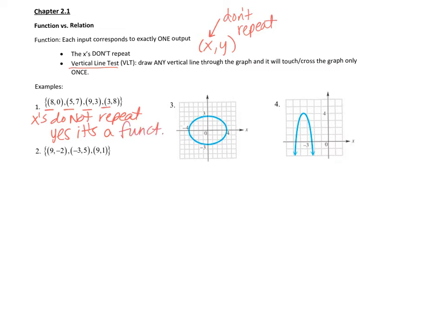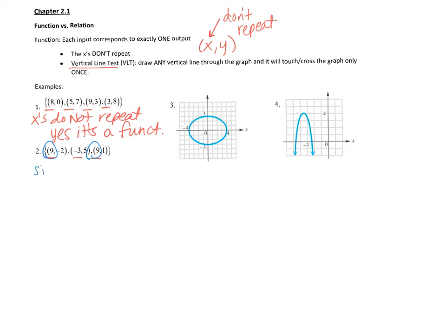Now, if we look at the next set, I'm going to again look at my x's: 9, negative 3, 9. I notice this time that the 9 is actually repeated. Since it is repeated, it's going to make it fail to be a function.